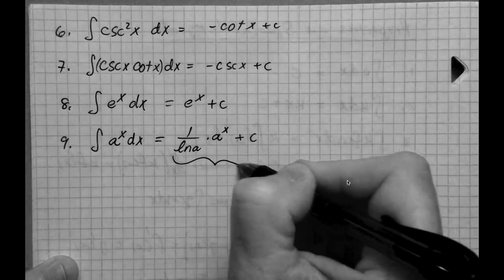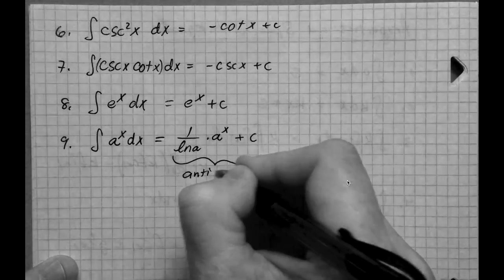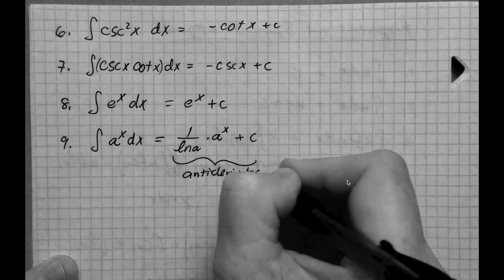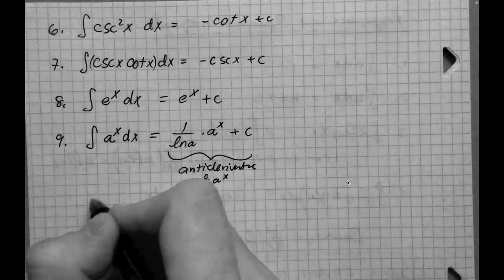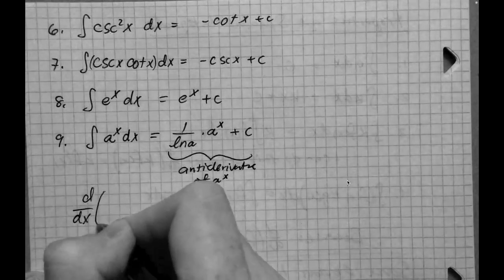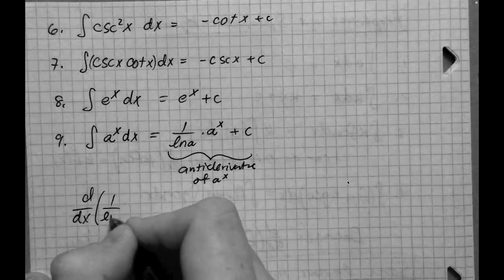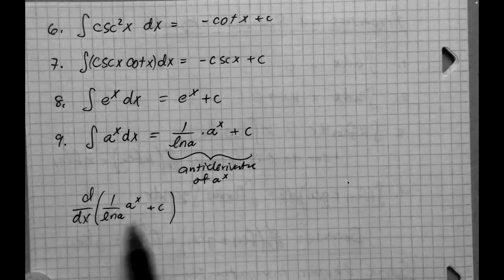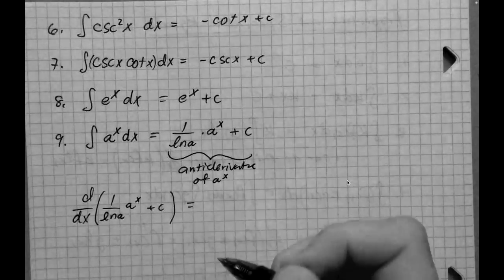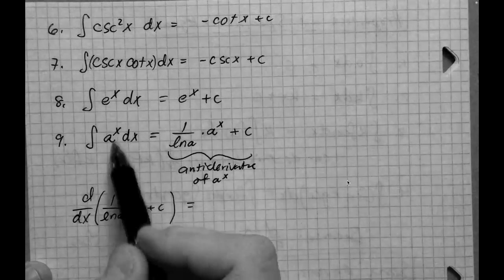Well, this is the antiderivative of a to the x. So what does that mean? It means that d dx of this function, 1 over natural log of a times a to the x plus c, is equal to a to the x. Well, how can we see that?